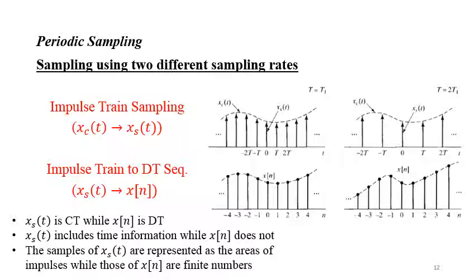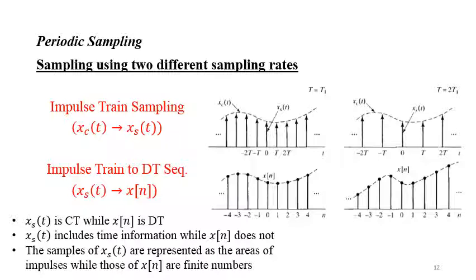If you look at the figure below this one, it doesn't contain any information regarding time, just numbers here: 0, 2, and so on. So x_s(t) is continuous time, while x[n] is a discrete time sequence.